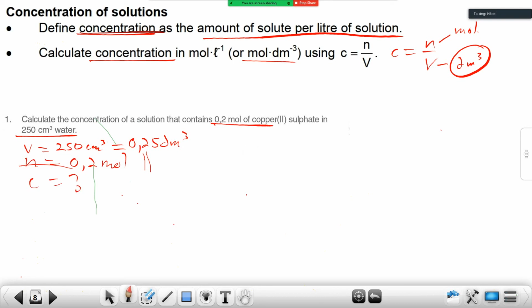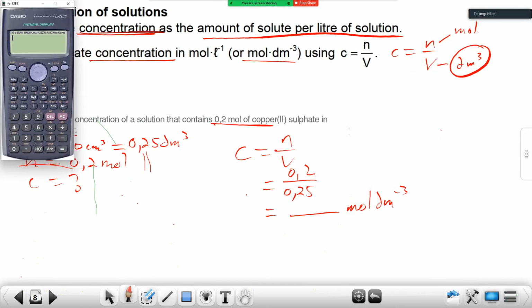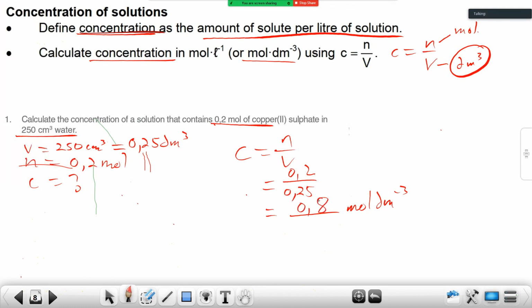So C equals n over V, which is just 0.2 divided by 0.25, which equals mole per decimeter cubed. So I need my calculator for that. It's just 0.2 divided by 0.25 equals 0.8 mole per decimeter cubed.